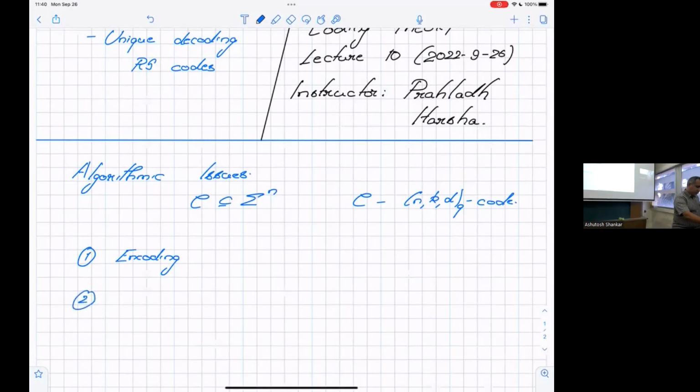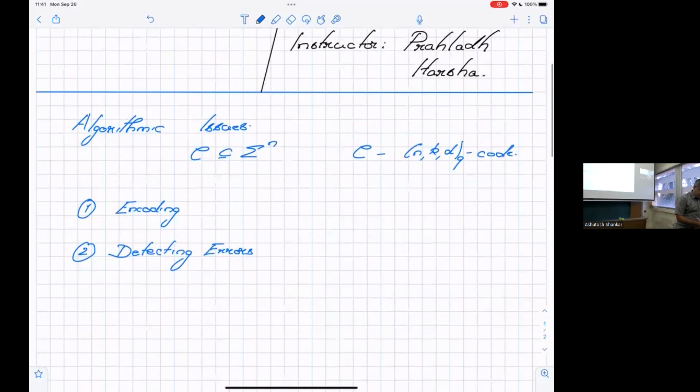That's just, you give me a message, I want to find the code word. The other is detecting errors. Has there been any corruption in my received word? Another question you can think of is, suppose you want to correct the errors.